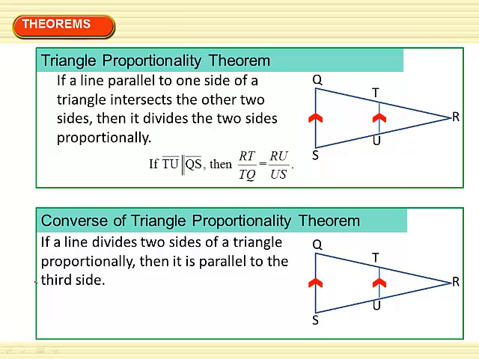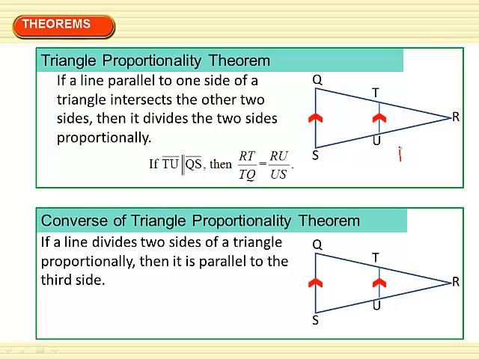Which means that if TU is parallel to QS, then RT is in ratio with TQ's length, and RU is in ratio with US's length. This isn't the only proportion that can be made.